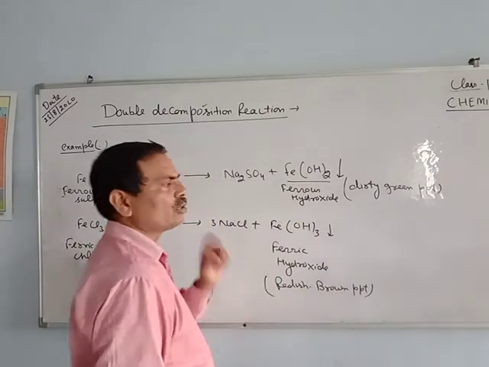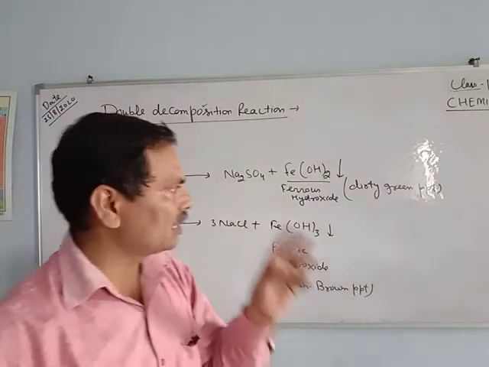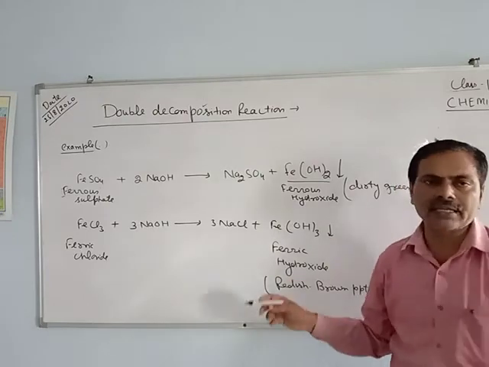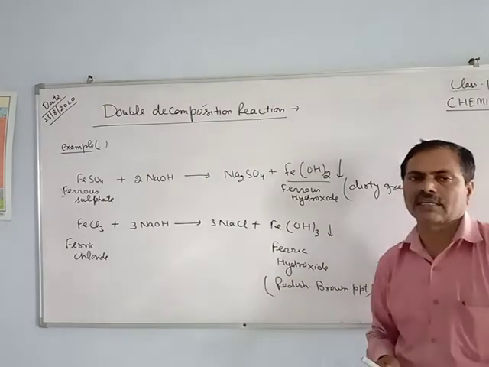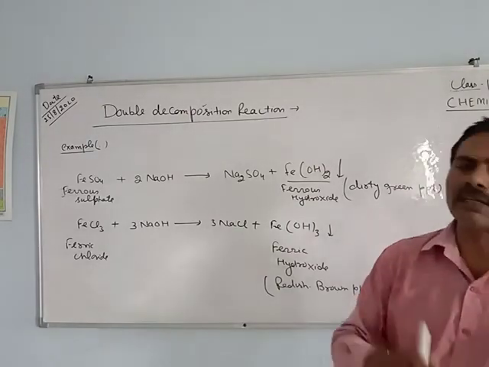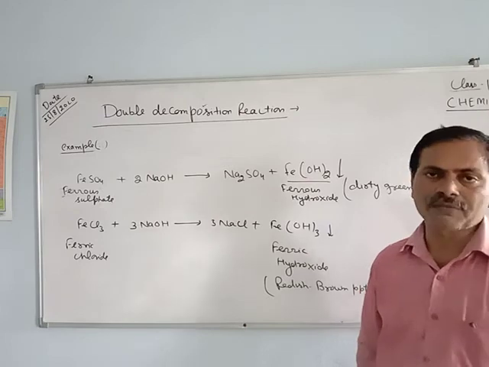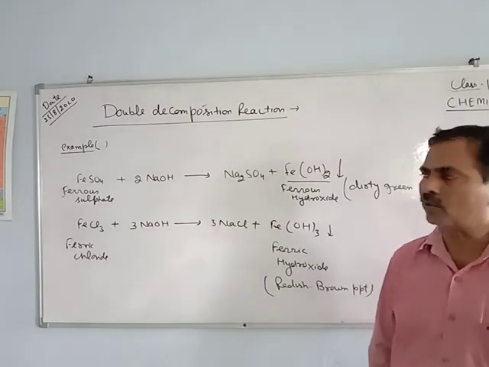The ferrous ion gives ferrous hydroxide, the dirty green precipitate, while the ferric ion gives the reddish brown precipitate, ferric hydroxide. The colors are entirely different. That is why we can identify the presence of ferrous or ferric in the compound.